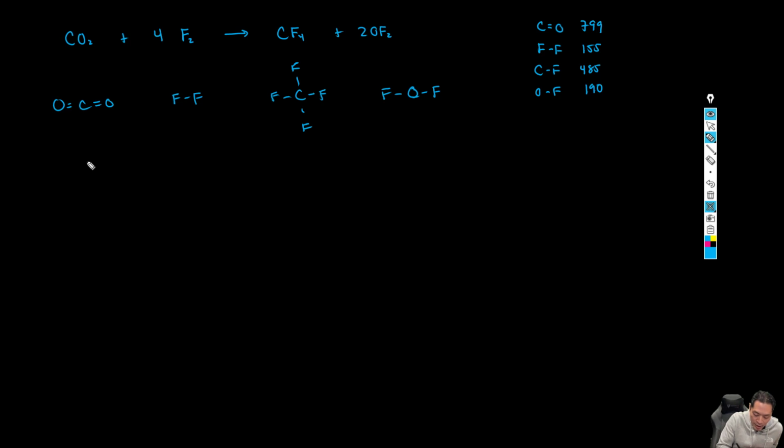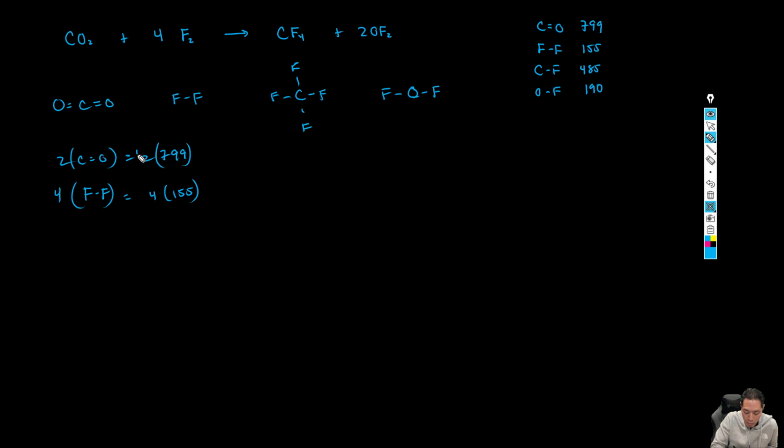So here we have C double bond O, and then we have 2 of these. So that's going to be 2 times 799. Here we have FF, and we have 4 of these, and that will be 4 times 155.